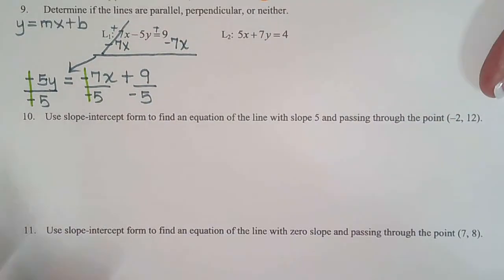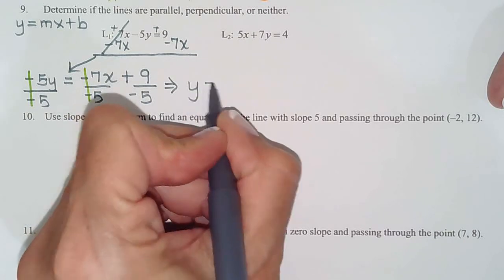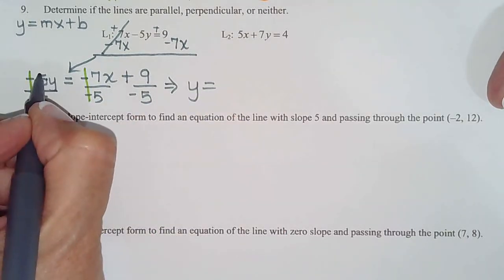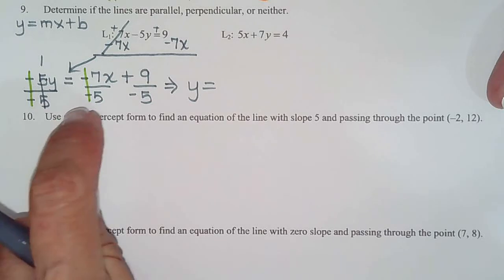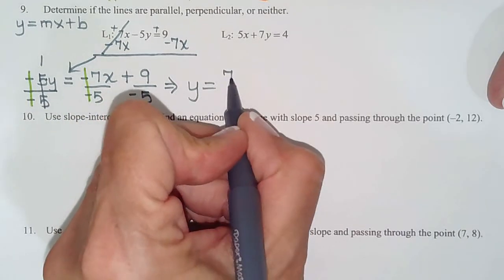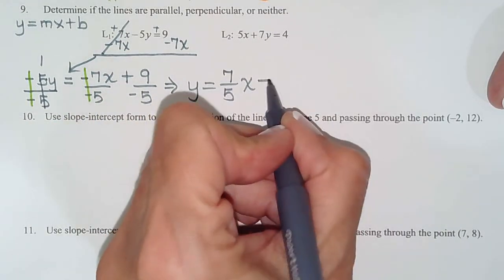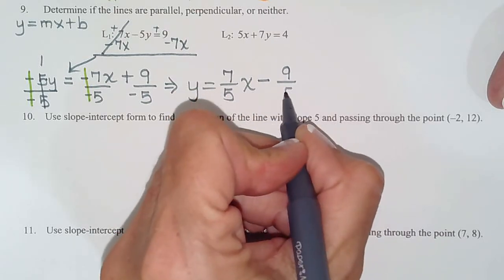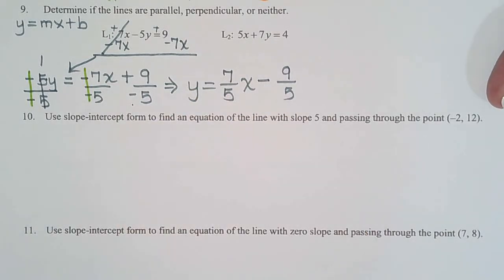So our final form is going to be y equals, because that's positive 1y, which is just y, equals positive 7/5 x and negative 9/5. So a positive divided by negative just made it negative.